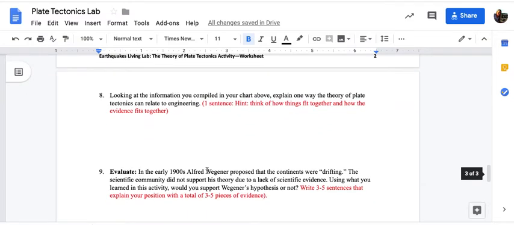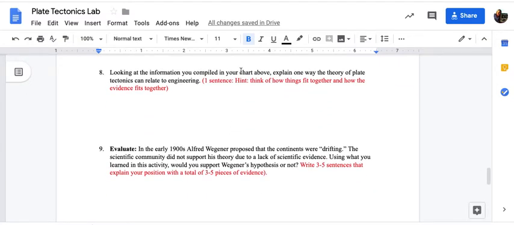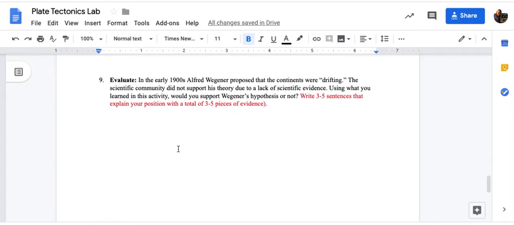For number 8, looking at the information you compiled on the chart, explain one way the theory of plate tectonics can relate to engineering. And I gave you a sentence hint here. And finally, in the early 1900s, Alfred Wegener proposed that the continents were drifting, and he was not supported.